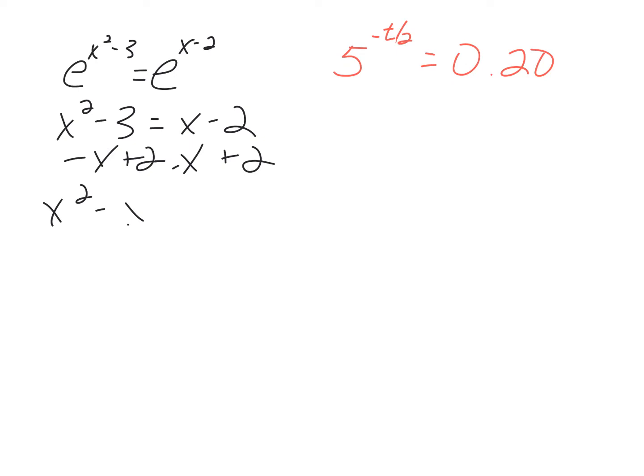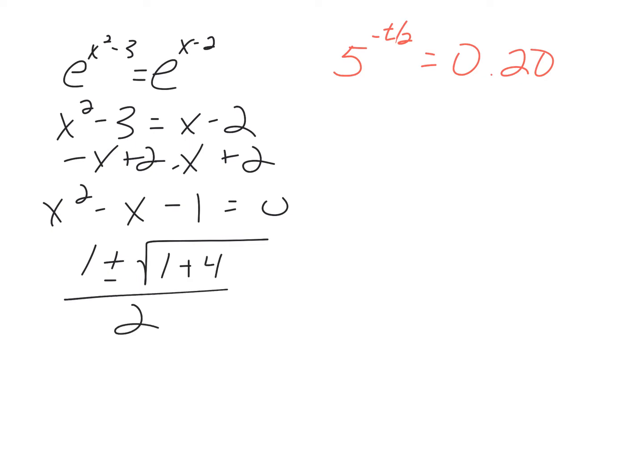X squared minus x minus 1 equals 0. Unfortunately, we can't factor this one too nicely, so it will just be your quadratic formula. Check it out. 1 minus a negative 4, so it'll be plus 4 all over 2. 1 plus or minus square root of 5 over 2.